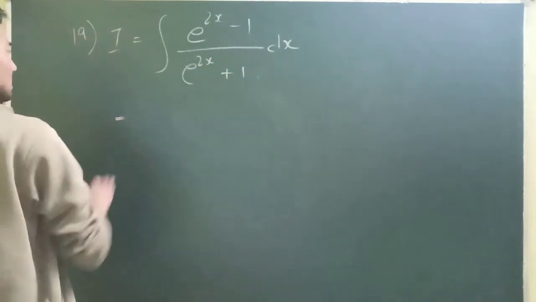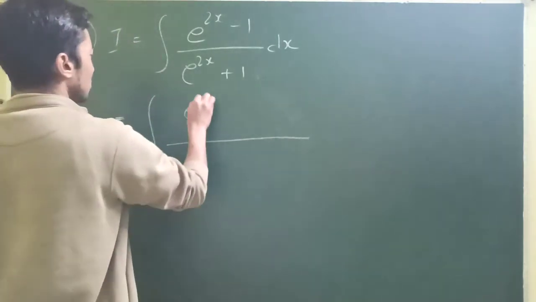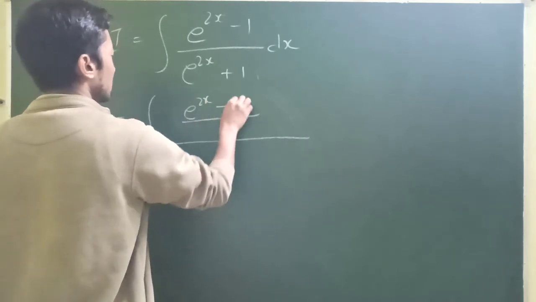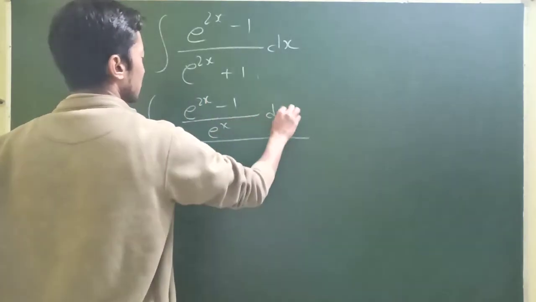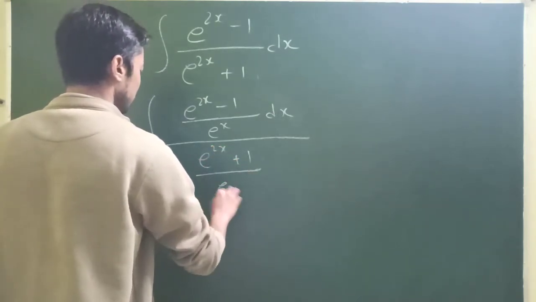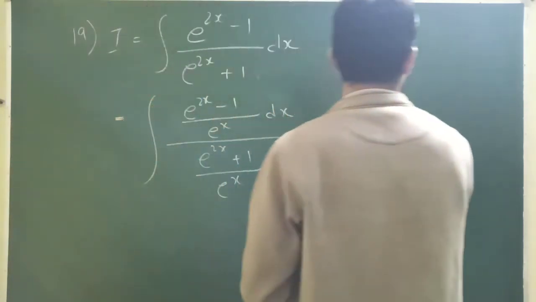Now before I solve this, what I'll do is I'll divide each term, both numerator and denominator, by e power x.